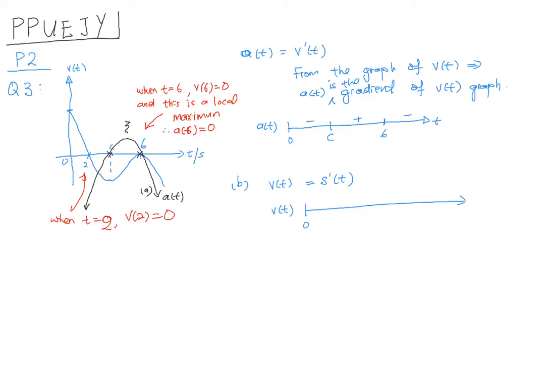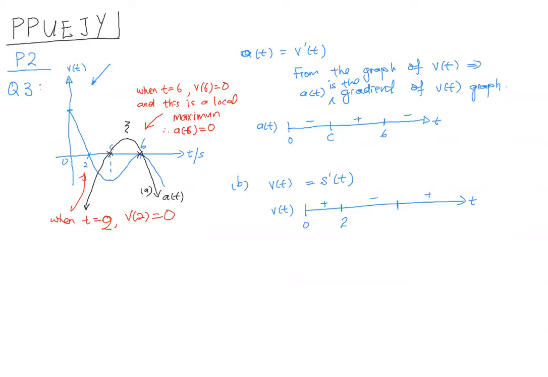Okay, when is velocity equal to 0? Ashan? 2. Okay, some more? And 6. Okay, good. Thank you. Amanda, may I know for time from 0 to 2, the velocity is positive or negative based on this graph? Positive. Then go negative, then go positive.